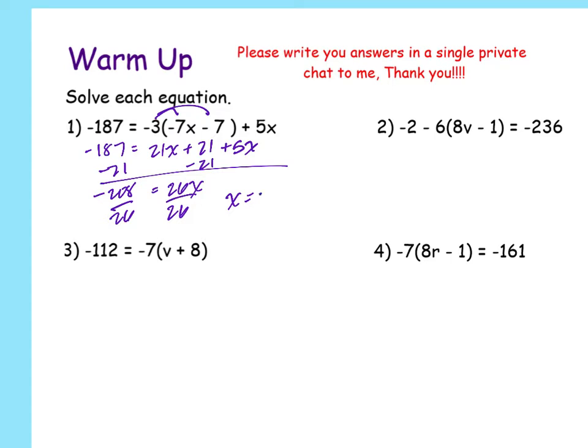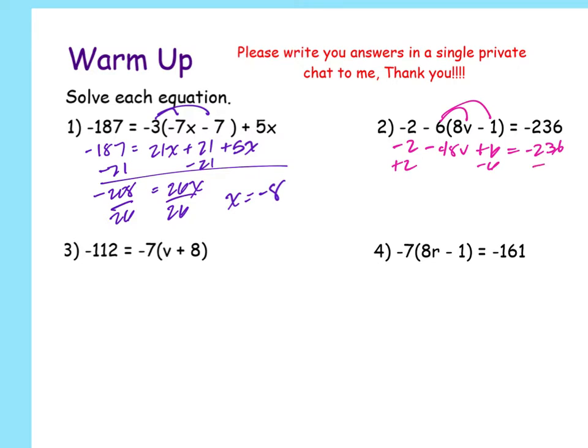Yep, negative 8. Okay. Same thing on the next one, right? Distribute the negative 6. So I've got negative 2 minus 48v plus 6 equals negative 236. So I'm going to add 2, subtract 6.